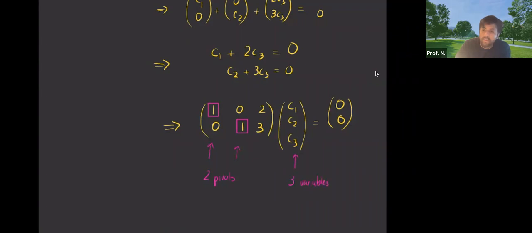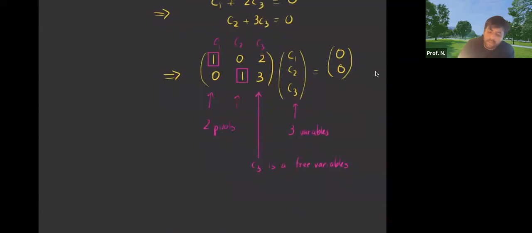So remember what happens? This is C1, this is C2, C3. So C3 is a free variable. Remember about free variables? So C1 is equal to negative 2 C3. C2 is equal to negative 3 C3. And C3 is equal to C3.